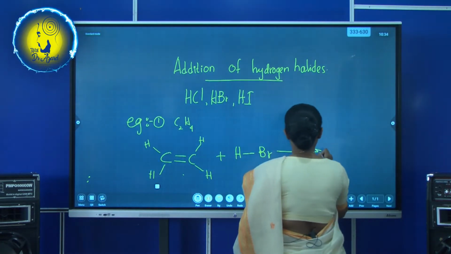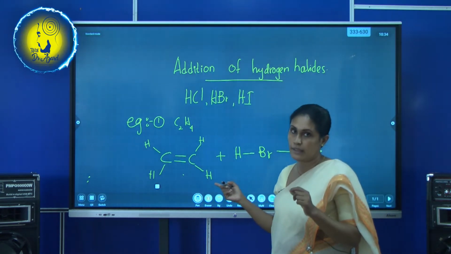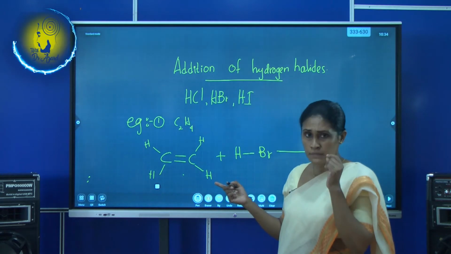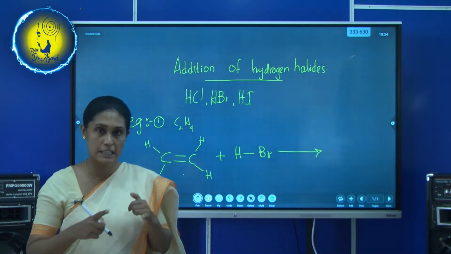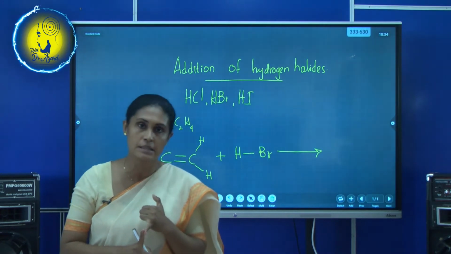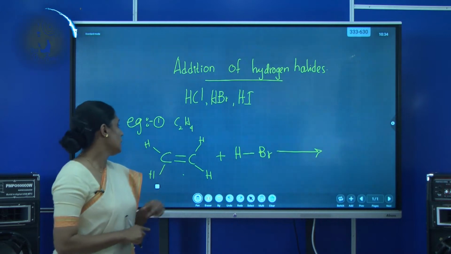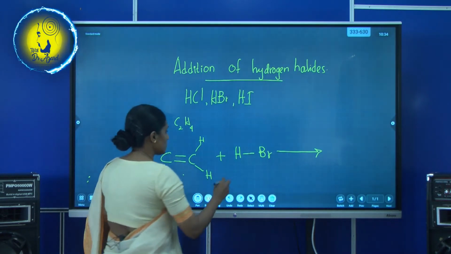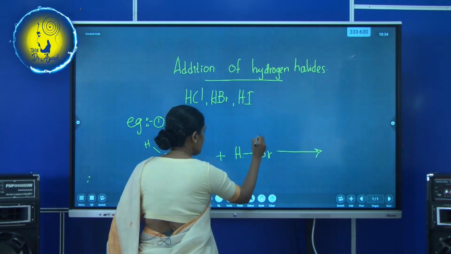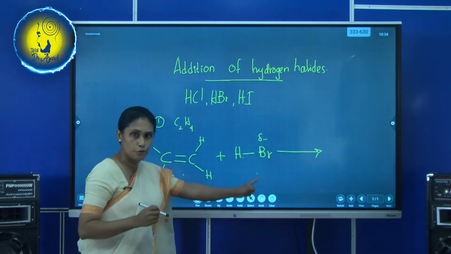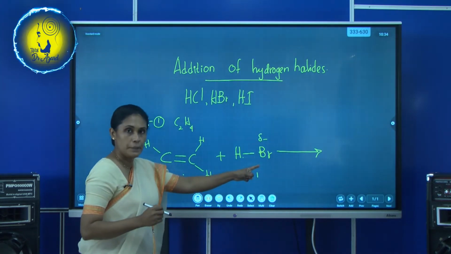Dear children, you should understand there are intermediate steps, but it's enough for you to understand the final step. But in your note, I have sent the intermediate steps too. You can go through it. See what will happen. Because you know this is a halogen group, they have electronegativity, and what will happen?